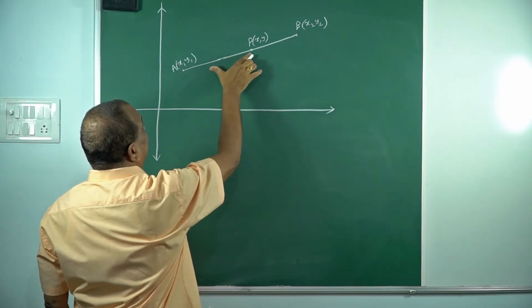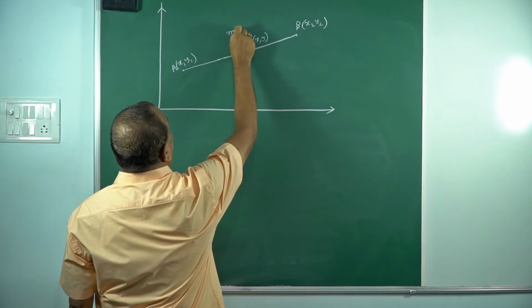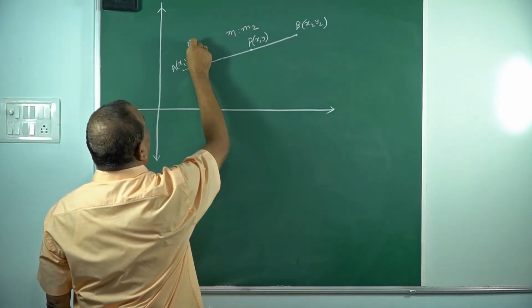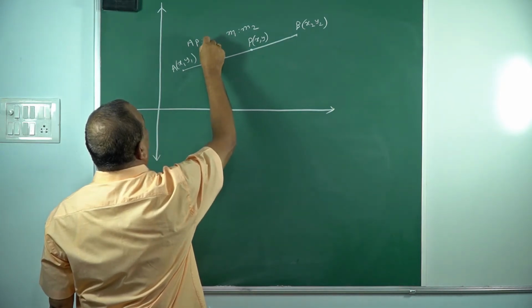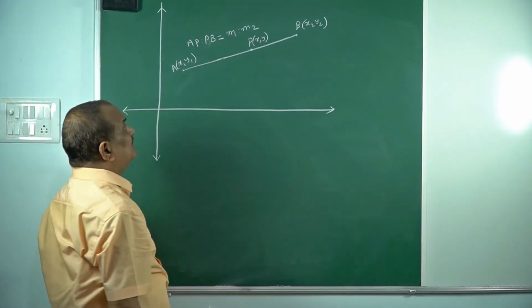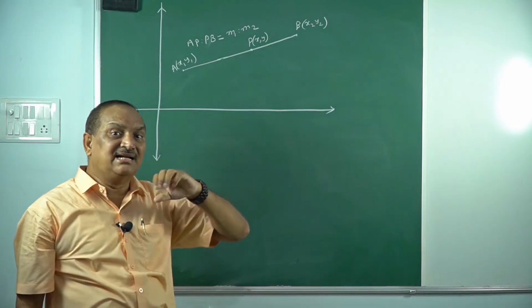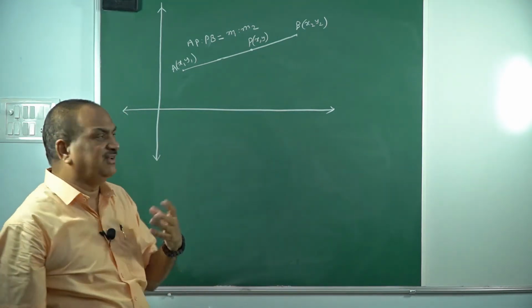AP m1, PB m2. So the ratio is m1 is to m2. And what ratio is that? AP is to PB is equal to m1 is to m2. Now I should find out this x and y in terms of x1, y1, x2, y2, m1, m2. Okay, that's the question. Very simple.